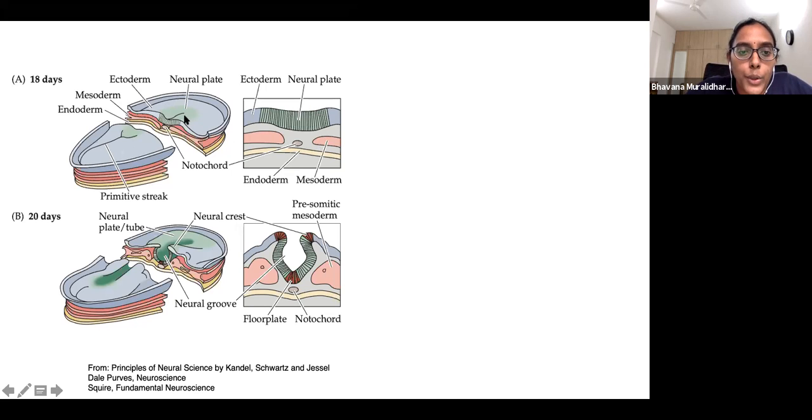So what you see here is a dorsal view, like you looking at it from the top. And then if you cut the section, that will be a cross-sectional view, which you can see here.